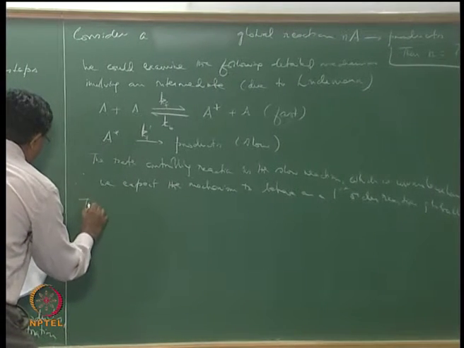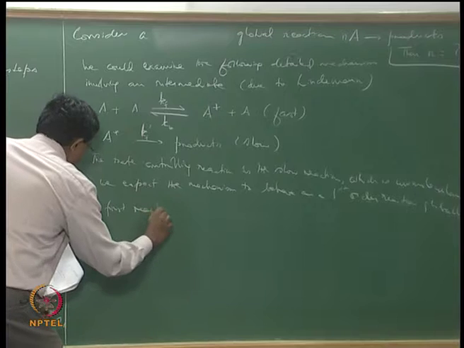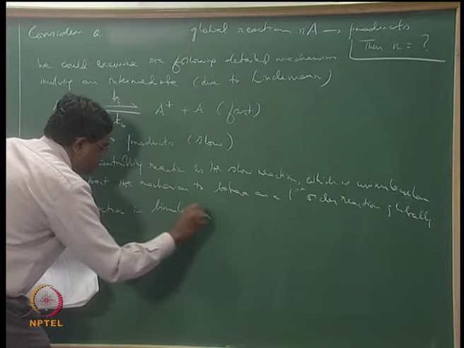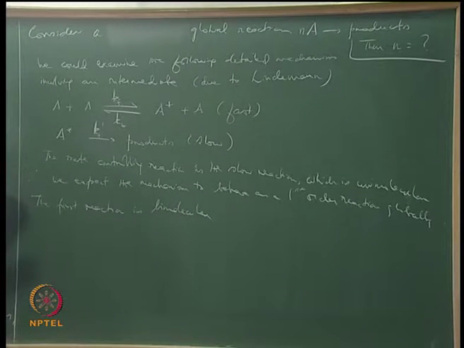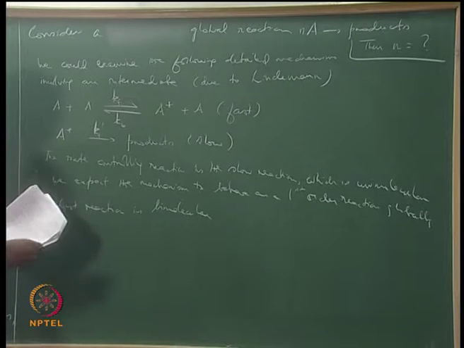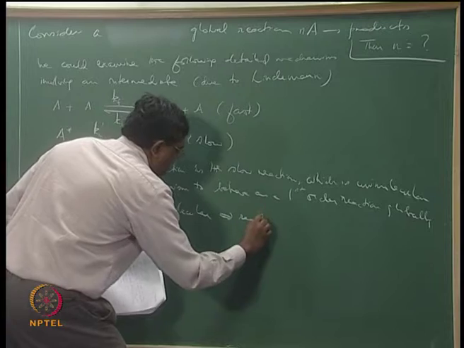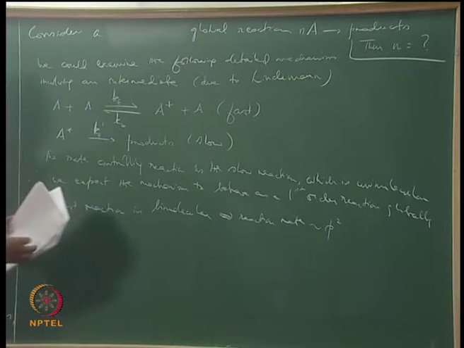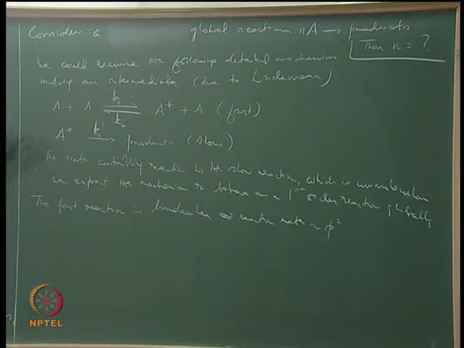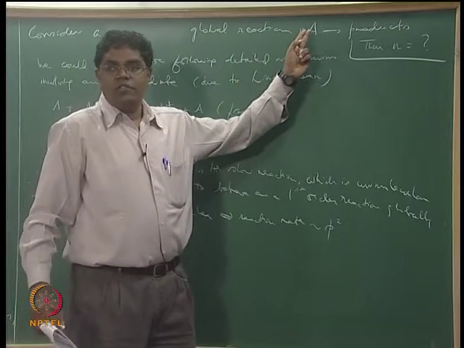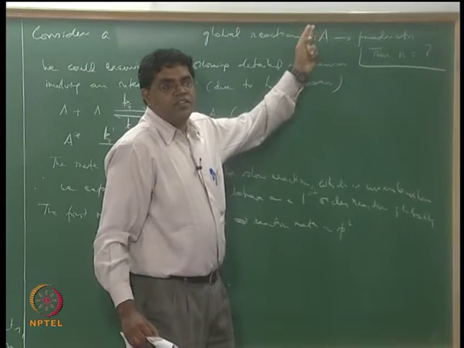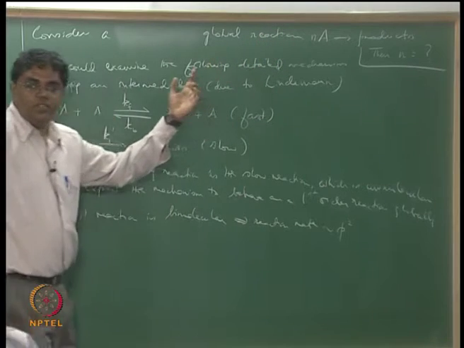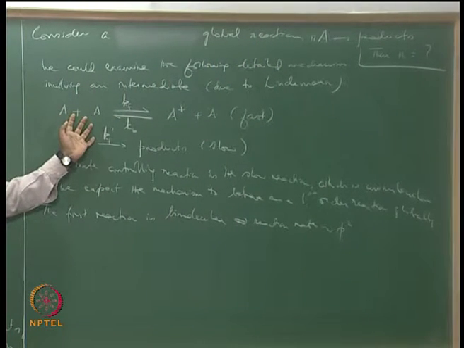But you see the first reaction is bimolecular, which implies the reaction rate goes as p squared, and that's important because what is ultimately going to affect the reaction rate is the concentration of A raised to whatever the exponent is, and the concentration of A shows up in the first reaction, which is bimolecular.